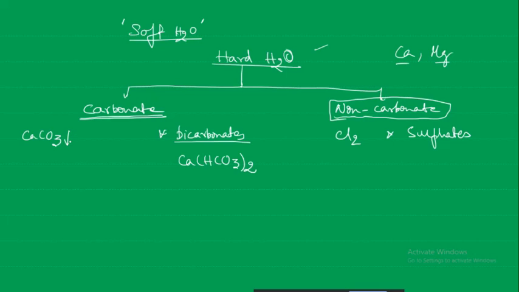So, we say it is a precipitate. And what about calcium bicarbonate? Sir, it is soluble. Okay. This is the important property that you need to remember. Calcium carbonate insoluble in water, calcium bicarbonate soluble.